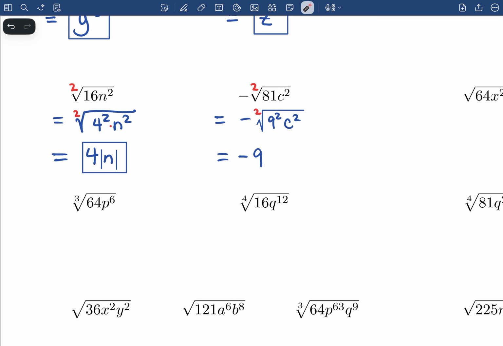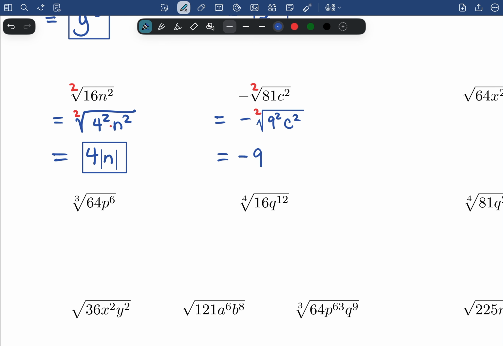So 2 divided by 2 is 1. This is just c to the first power. Good to go. But because this is c to an odd power, and it was an even radical, even index, I'm going to wrap c in absolute value symbols. And I'm done. Okay, so this is my answer, -9 times the absolute value of c.